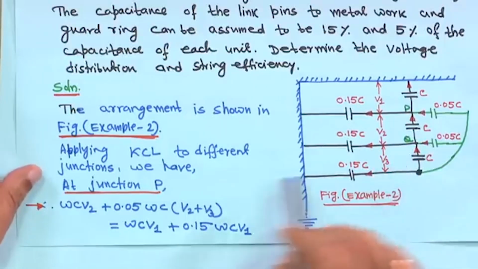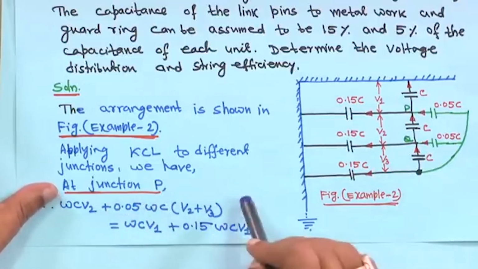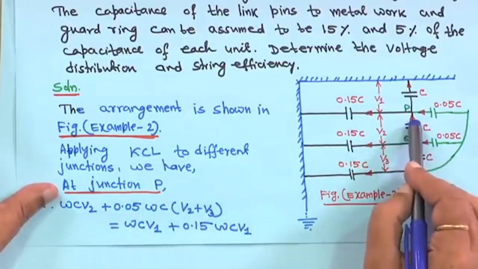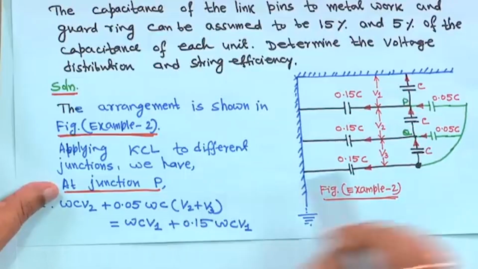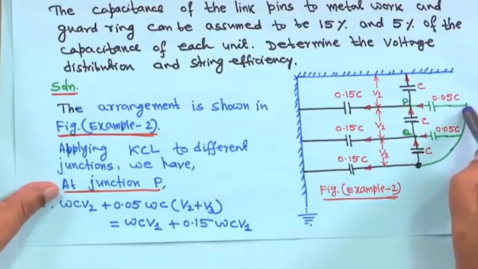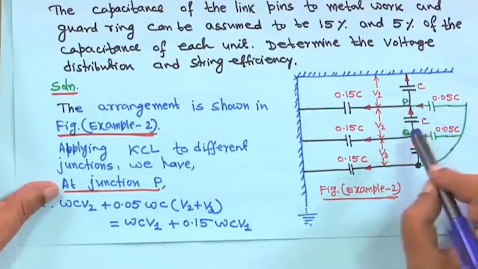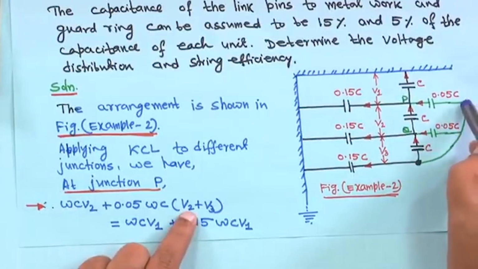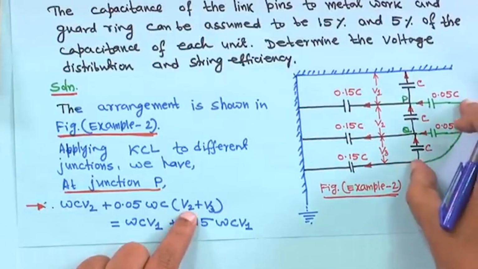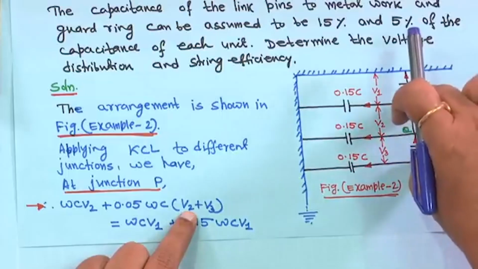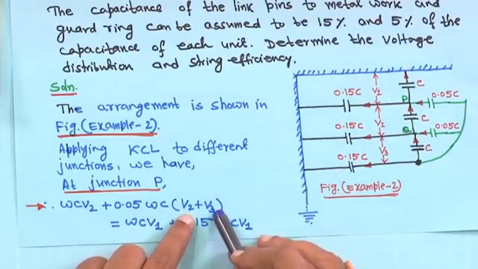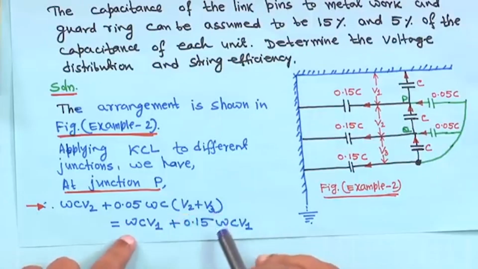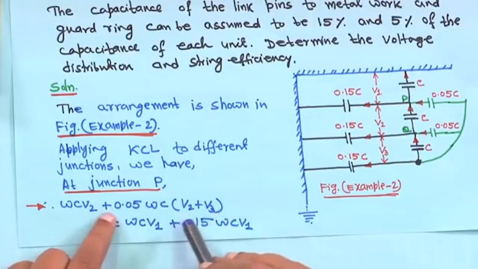So, at junction P, omega C V2 is equal to 0.05 omega C times (V2 plus V3), because the voltage across this point and this point is V2 plus V3.